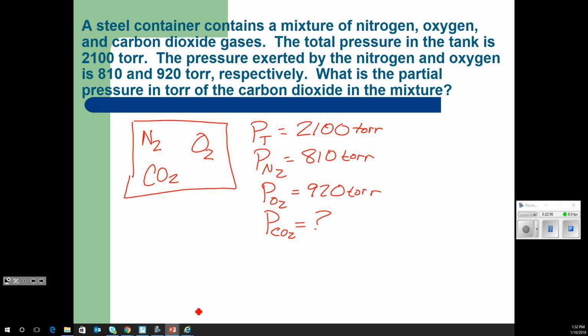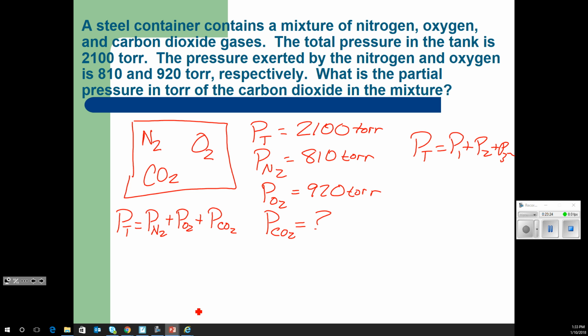So whose law is this one? This is not the ideal gas law. This is Dalton's law. So pressure total is equal to pressure 1 plus pressure 2 plus pressure 3 and so on. So over here, pressure total would be equal to pressure of the nitrogen plus the pressure of the oxygen plus the pressure of the CO2, right?